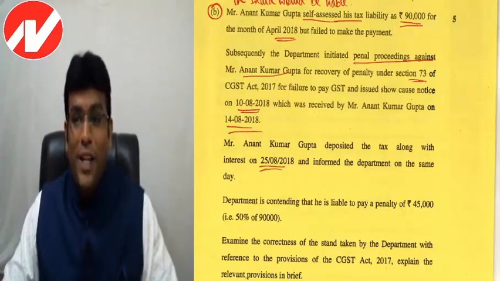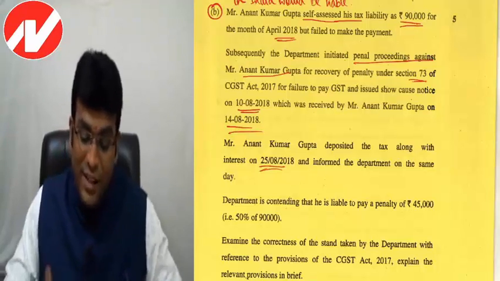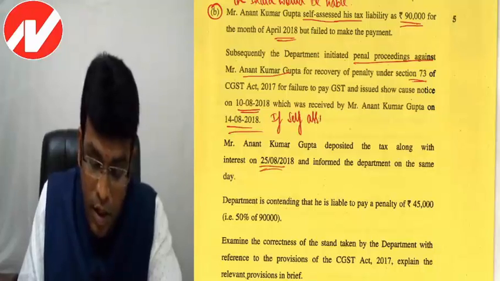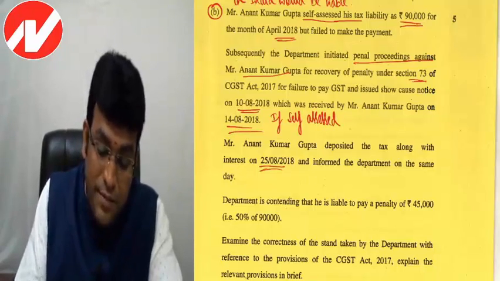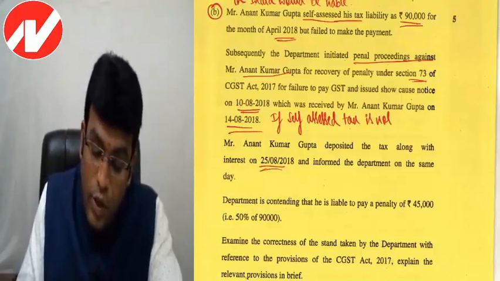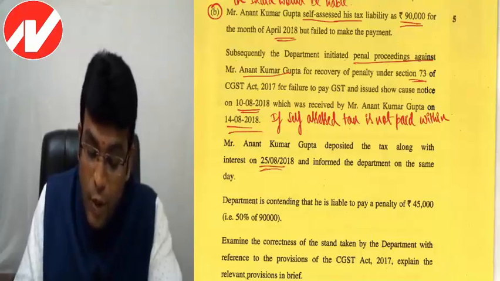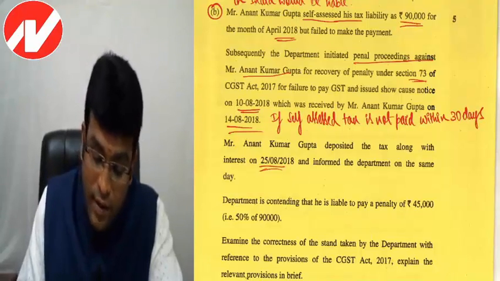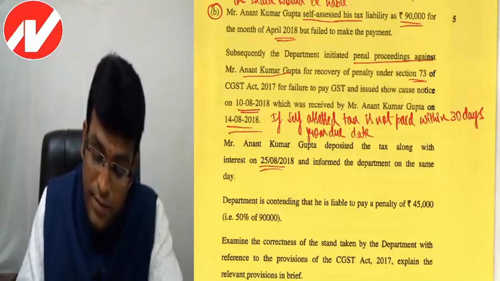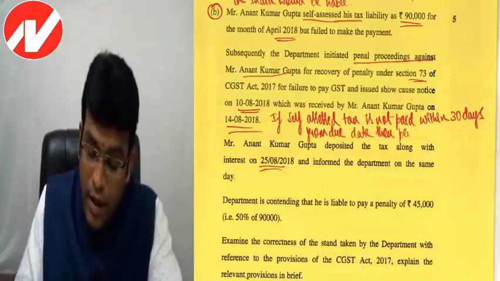First of all, as per Section 73, one point they told is that if self-assessed tax is not paid within 30 days from the due date, then penalty would apply.